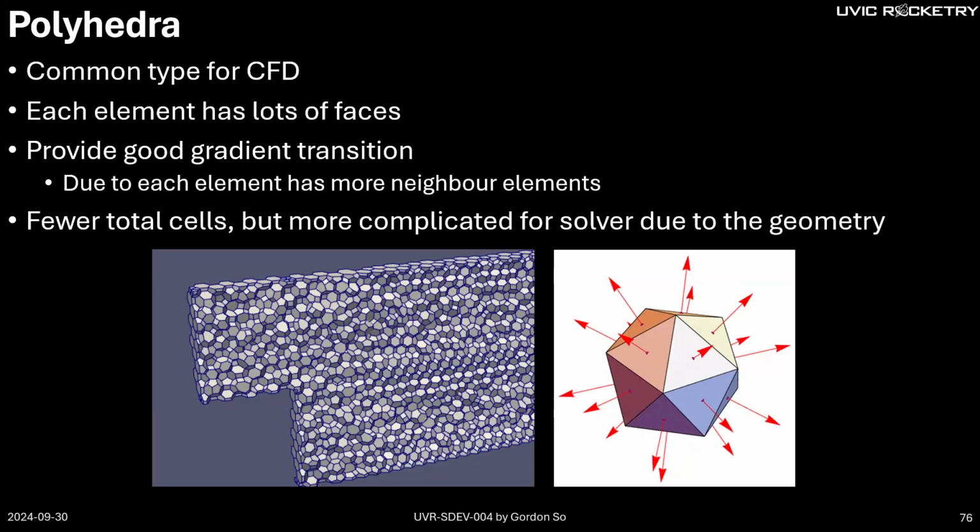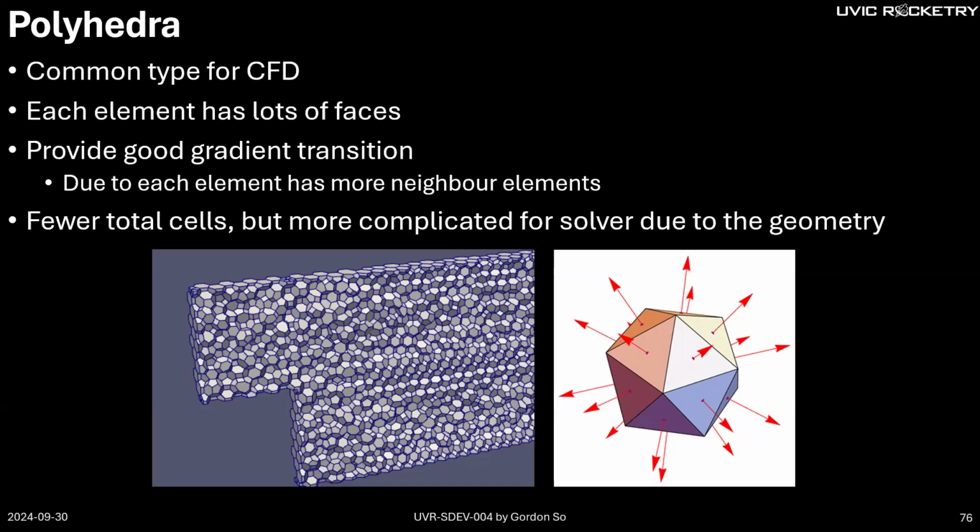However, you can see for each cell, it actually connects to more neighbor cells. So when you do the simulation, what the software is doing is trying to guess the gradient. So this is really good for solving gradients because you're putting in more effort. So overall, it's more accurate.